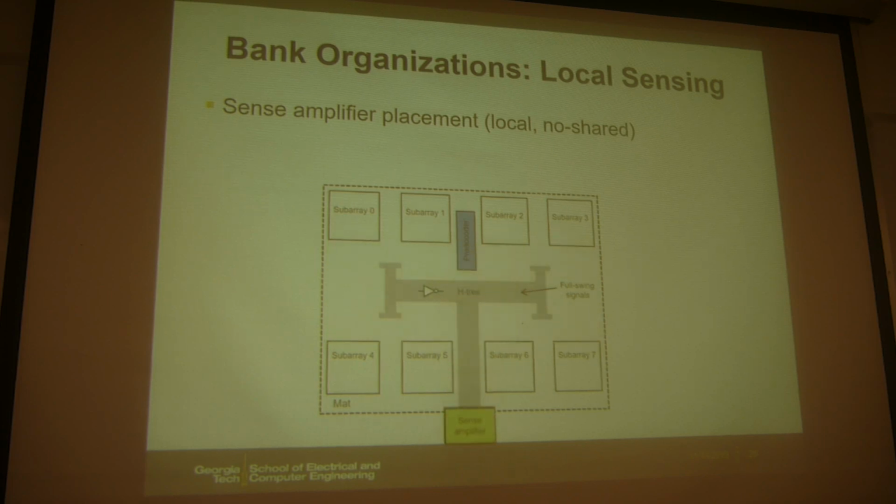But if you want to improve the area efficiency, and you don't need so many bits simultaneously, you can share the sense amp outside the mat. So multiple subarrays share the sense amp.